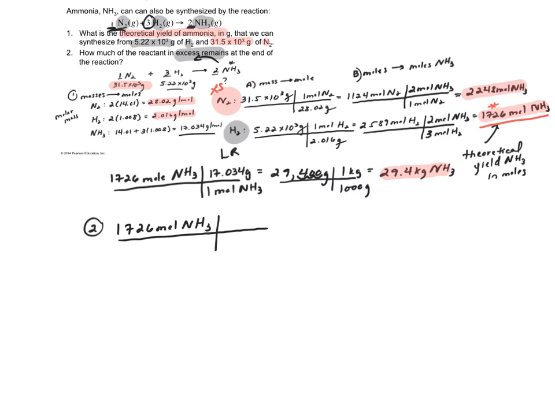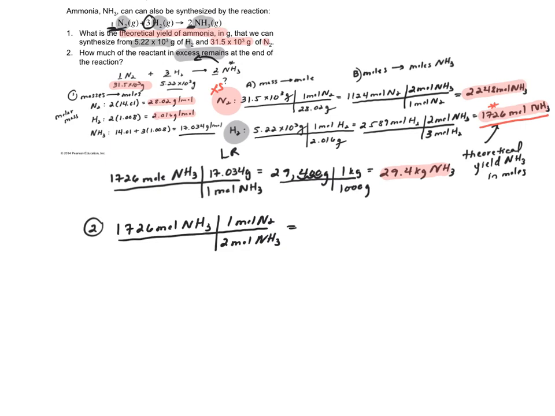So if I have 1726 moles of ammonia, for every 2 moles of NH3, how many nitrogens did I use? I would use 1 mole of nitrogen, right? So I'm essentially converting back, using those numbers in the balanced chemical equation. So with this, I'm going to take 1726, divide by 2, multiply by 1, and that's going to convert to moles of nitrogen that I actually use to make this, right?